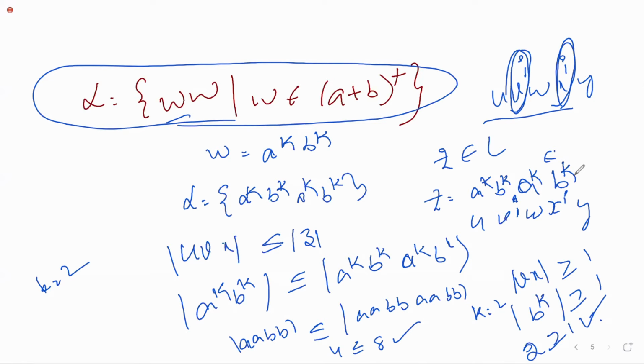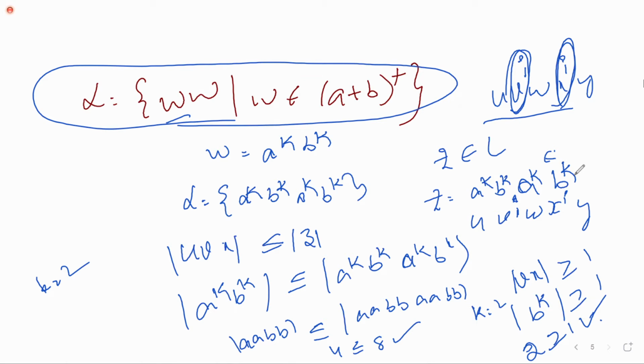This is nothing but the pumping lemma. With this topic, we have completed module number 3. In module 3, we have seen what is a grammar, what is context-free grammar, derivation trees, context-free language. Next, simplification of context-free grammar, which means removal of useless symbols, unit productions, and epsilon productions.